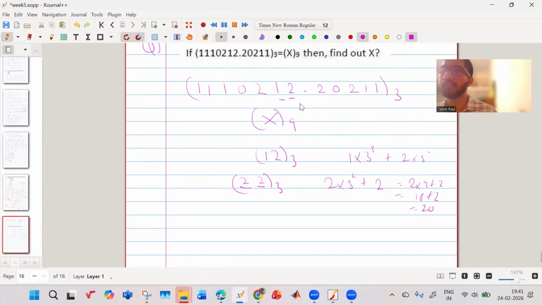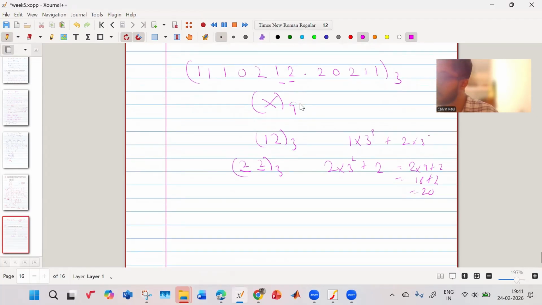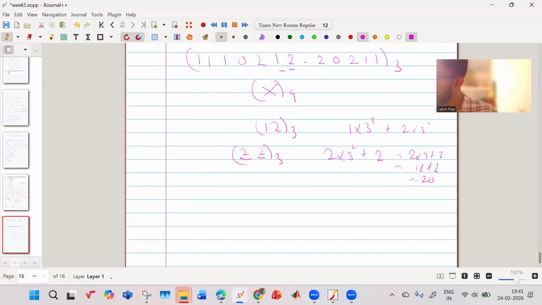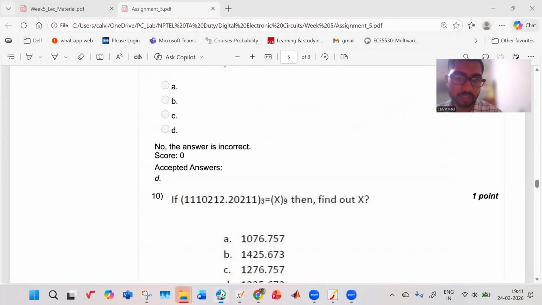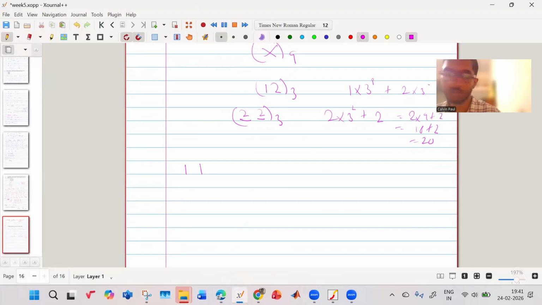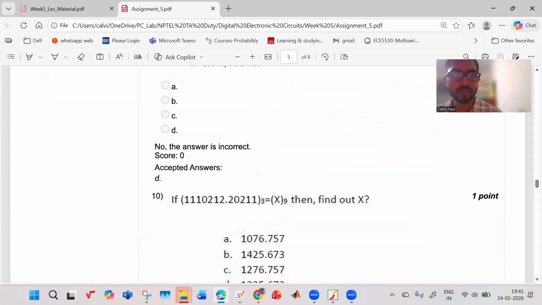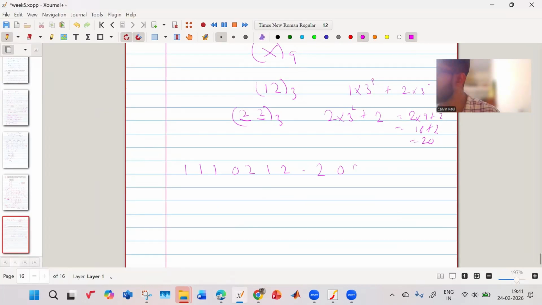This is the main part. The question is 1110212.20211.